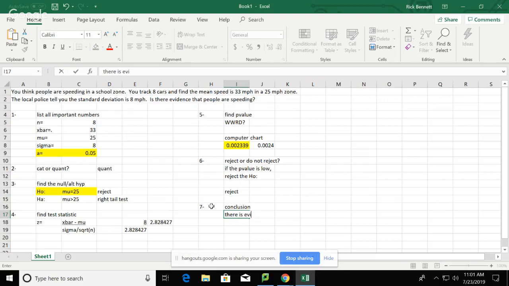There is evidence that... what's the question that we're trying to answer? Are people speeding? Is there evidence people are speeding, or is there not evidence people are speeding? Yes, it's one of those two. So you tell me which one to write.